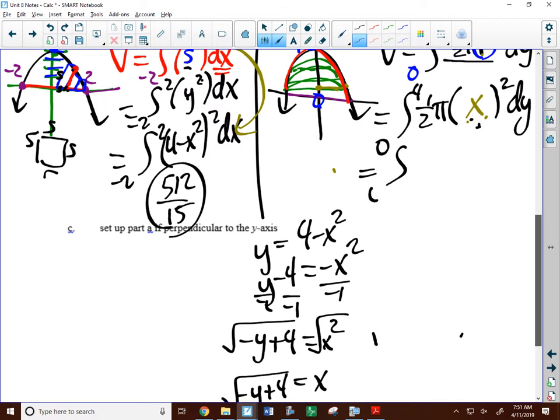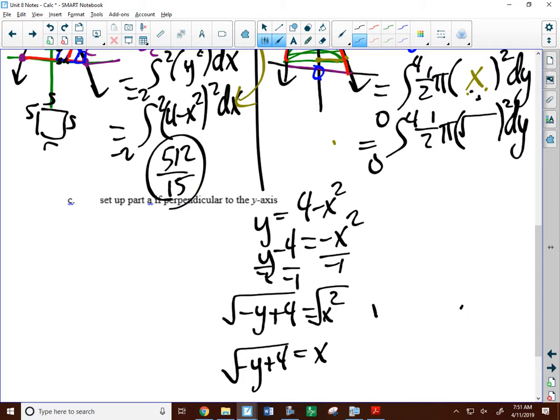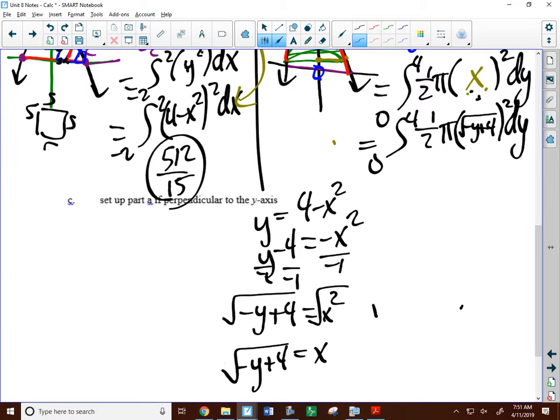And then put this in my calculator. As soon as you have it in terms of just y, then you can put it in your calculator. So the square root of negative y plus 4. Again, I'll put it in, but it would be good for you to practice on your own too. So 0 to 4, right? You need 0.5 pi.